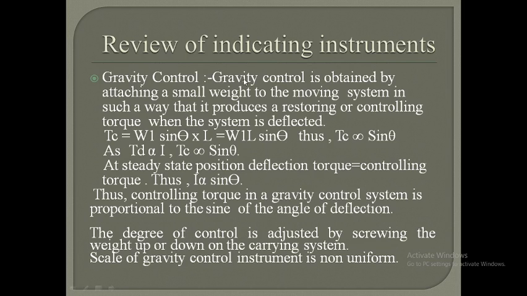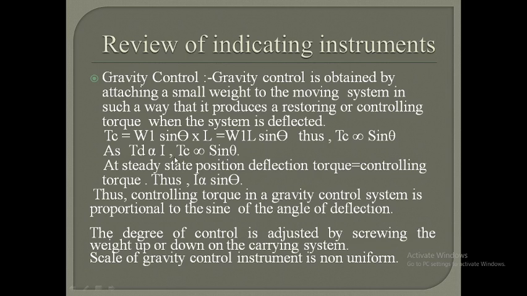The other is the gravity control method. Gravity control is obtained by attaching a small weight to the moving system, in such a way that it produces a restoring or controlling torque when the system is deflected. So Tc equals W1 L sin theta, and Tc is directly proportional to sin theta.